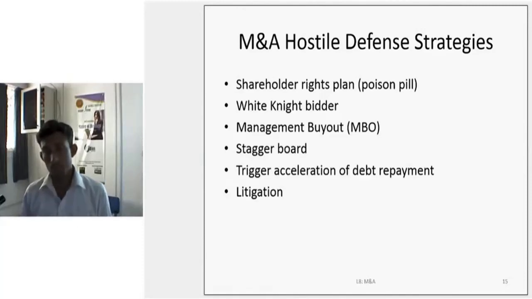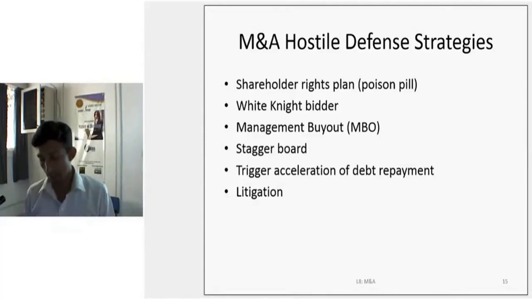Any arrangement a company comes up with, from the existing shareholders, which makes sure that the acquirer can't take over. Let's take a simple example.